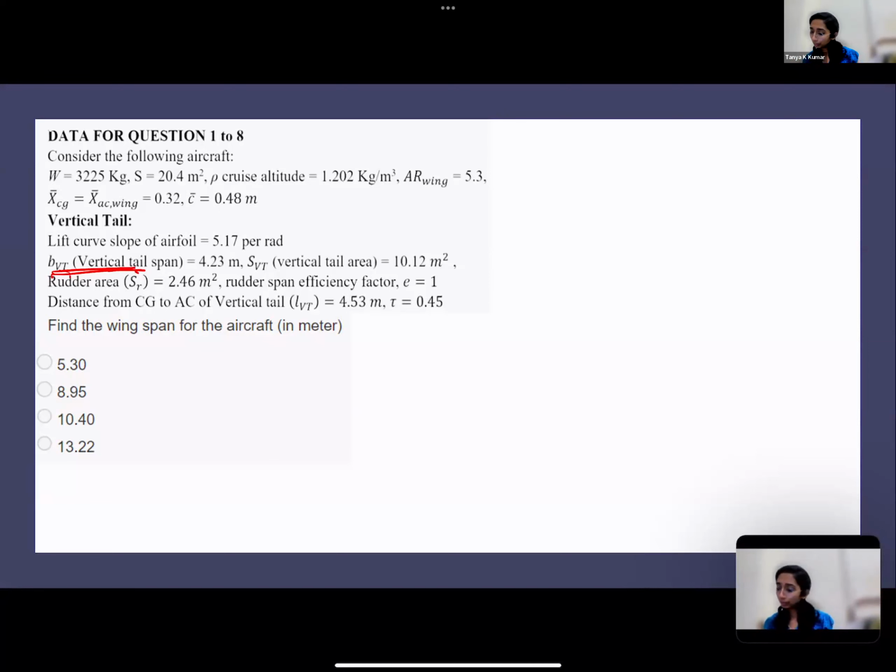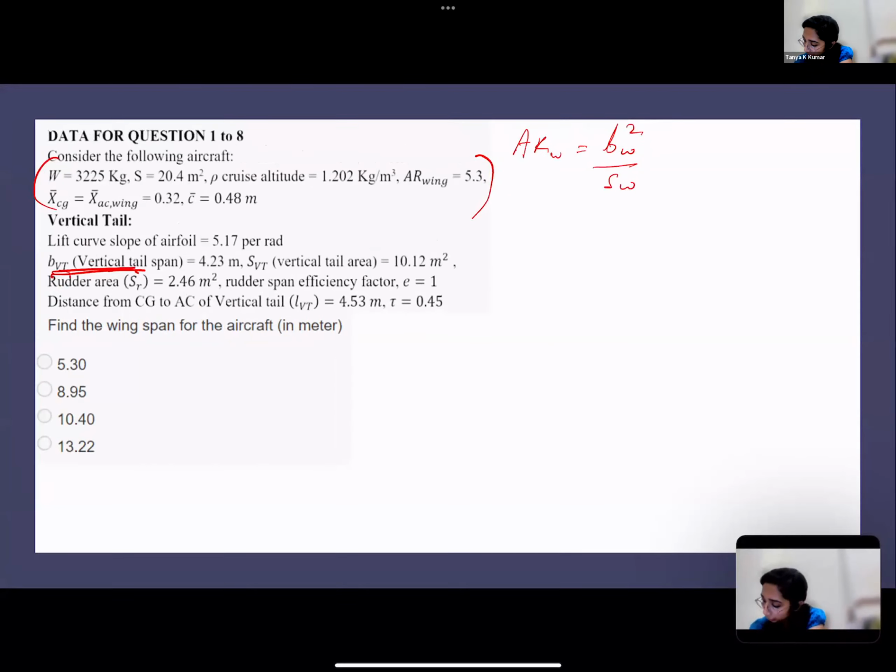You can use, so they've given you, look at the first part of the question, look at the details given in the first section above the vertical tail. So in this section, that is the details about the aircraft and the wing, right? So tell me, what parameters can you use from that? What details from there can you use to solve your wingspan? Just read it carefully, take a minute. Exactly, AR wing. So you can use your aspect ratio of the wing is B square of the wing by S wing, okay?